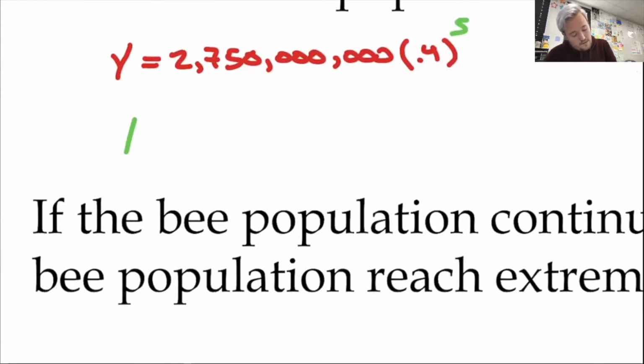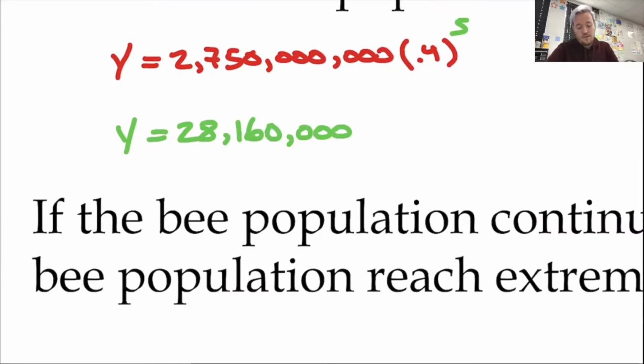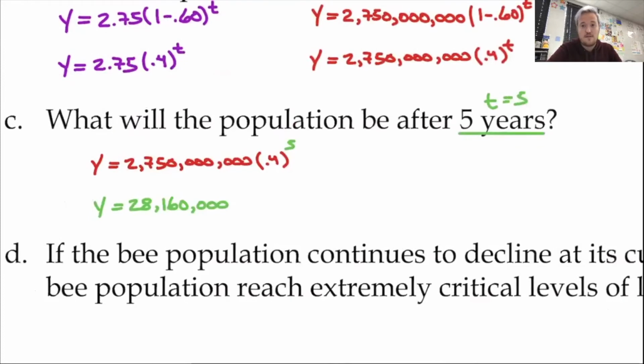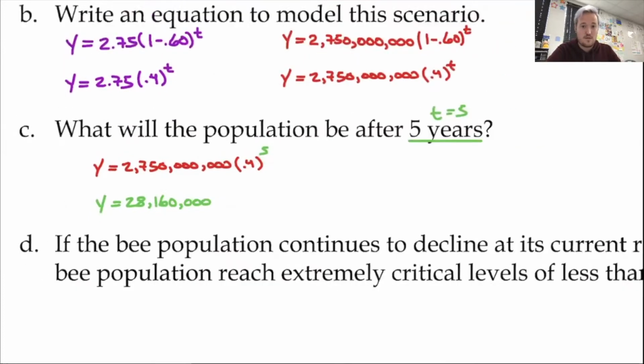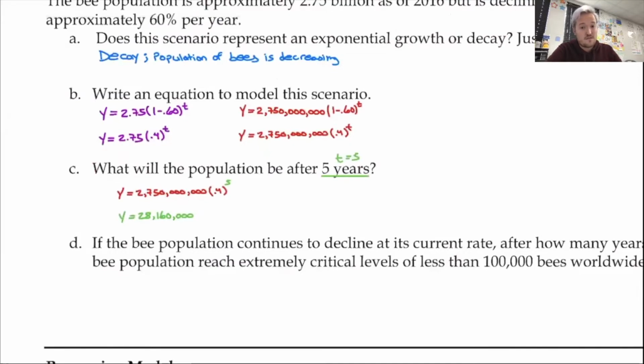So after 5 years, there's going to be exactly 28,160,000 bees. Just after 5 years, we went from 2.75 billion to 28 million. So in just 5 years, it's decreased dramatically, which is very dangerous. And that's only 5 years.